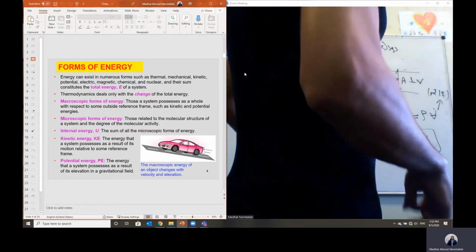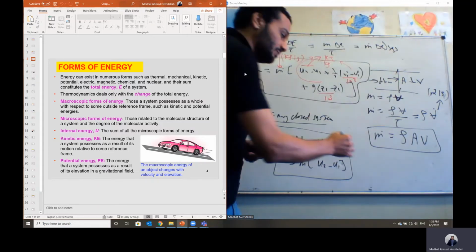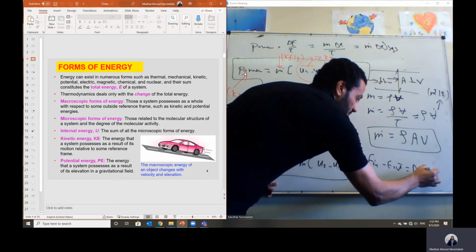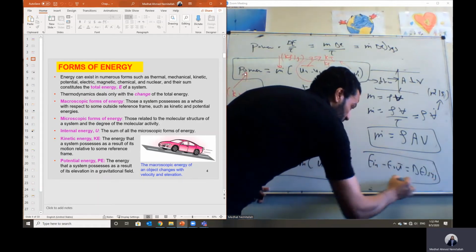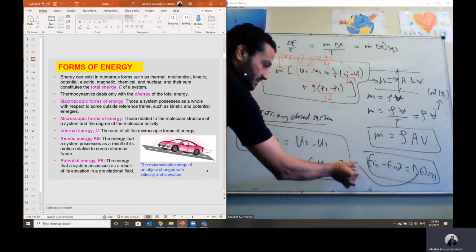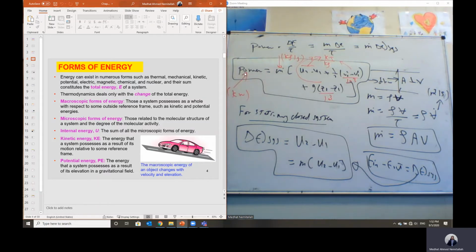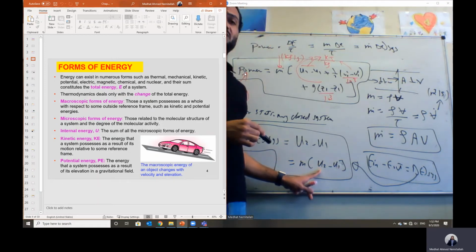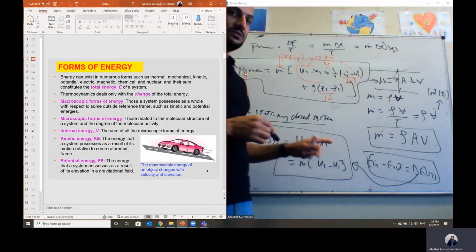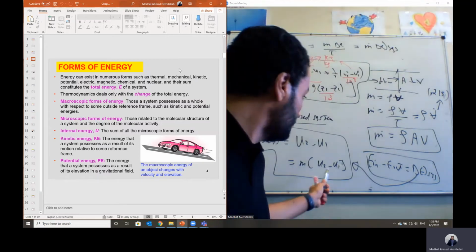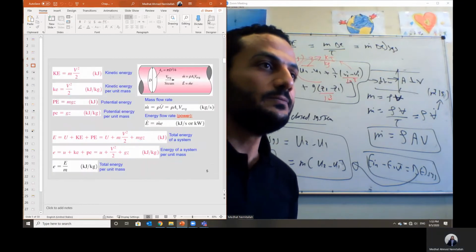So when we see the first law of thermodynamics equation for a closed system, energy in minus energy out is equal to the change of energy of the system. In most cases for a closed system, this term delta U of the system is reduced to the mass of the system multiplied by the change of specific internal energy, U2 at the final state minus U1 at state 1.